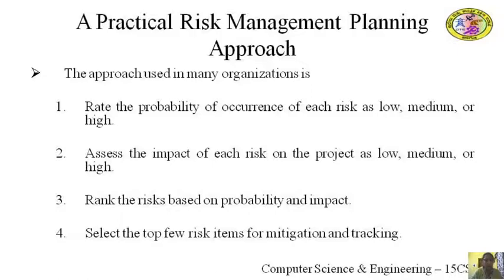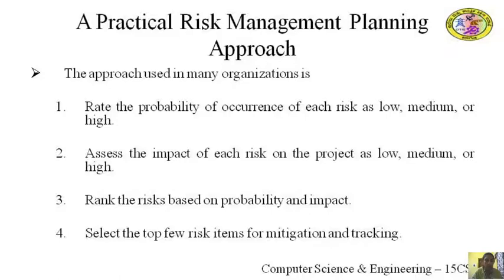In this approach, the probability of a risk occurring is categorized as low, medium or high. The risk impact can also be classified as low, medium and high. With these ratings, the following simple method for risk prioritization can be specified.